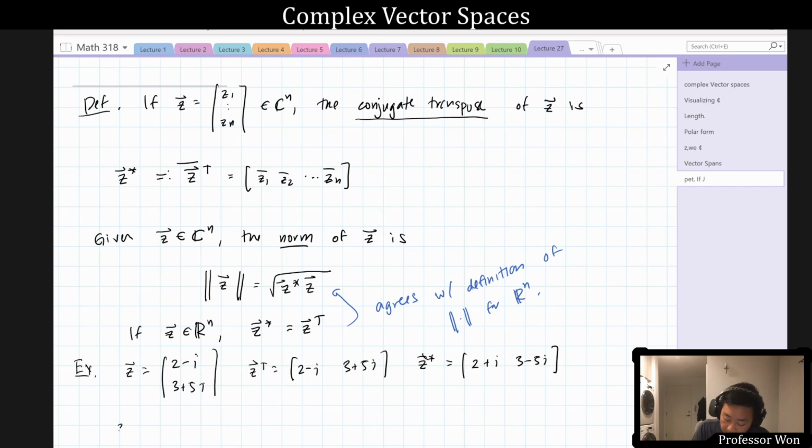And the point is that if you take z transpose z, so like the naive generalization of the dot product, what you'll get is 4 minus 4i minus 1 plus 9 plus 30i minus 25. Right? I think I've done this correctly. So you get 12 minus 25, so negative 13 plus 26i.